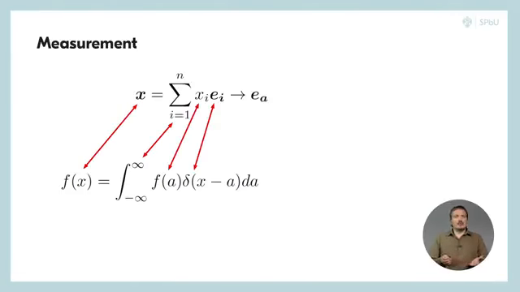Now let's take a look at this expression, which represents the decomposition of the initial wave function f in the basis of delta functions. It is not a simple expression to understand. First of all, since delta functions are not functions in the usual sense, this integral is not an integral in the usual sense.